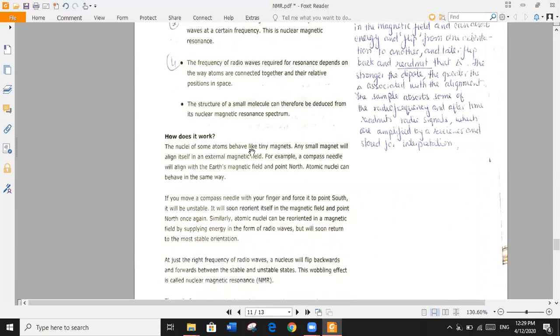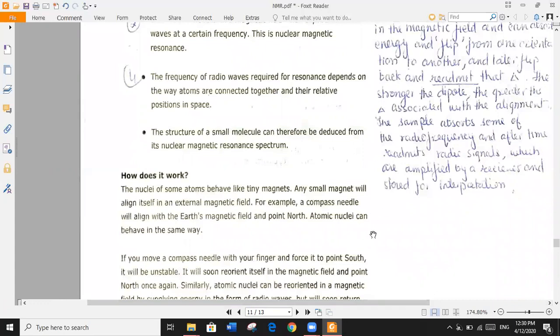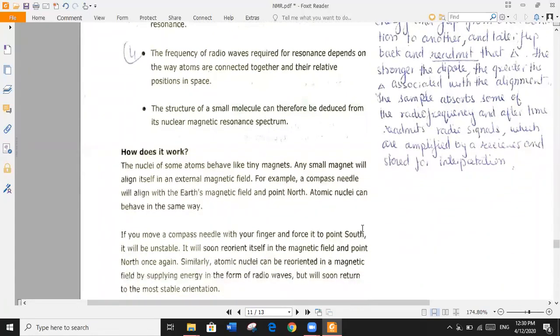The nuclei of some atoms behave like tiny bar magnets. Any small magnet will align itself in an external magnetic field. For example, a compass needle will align with the Earth's magnetic field and point north.